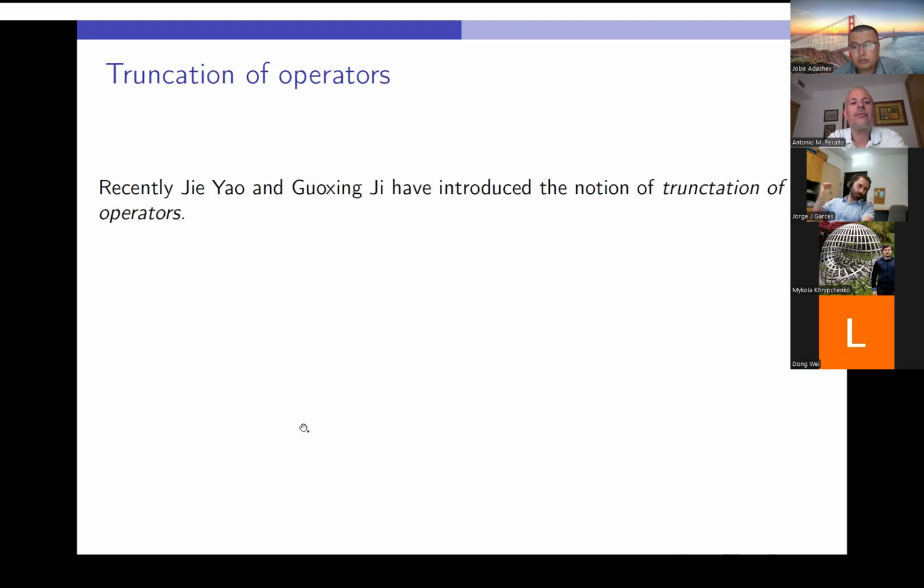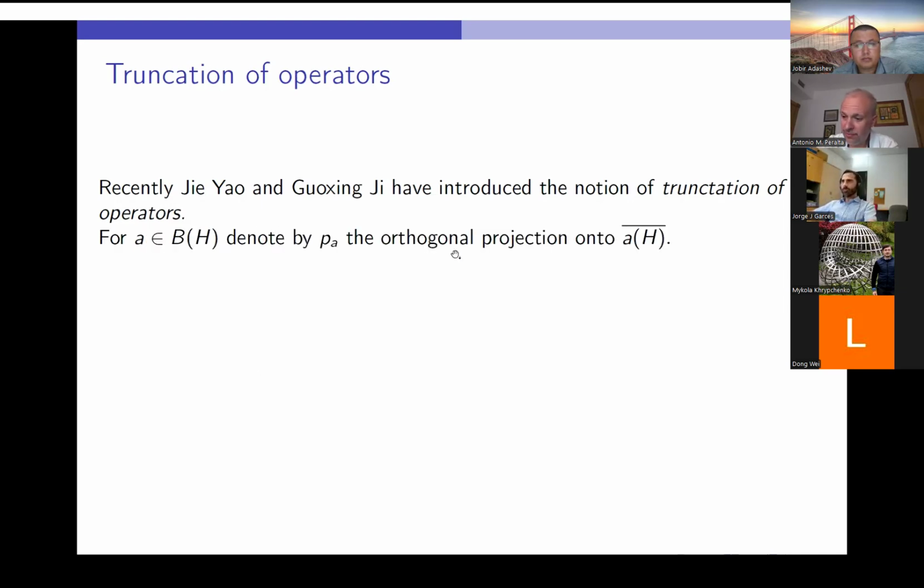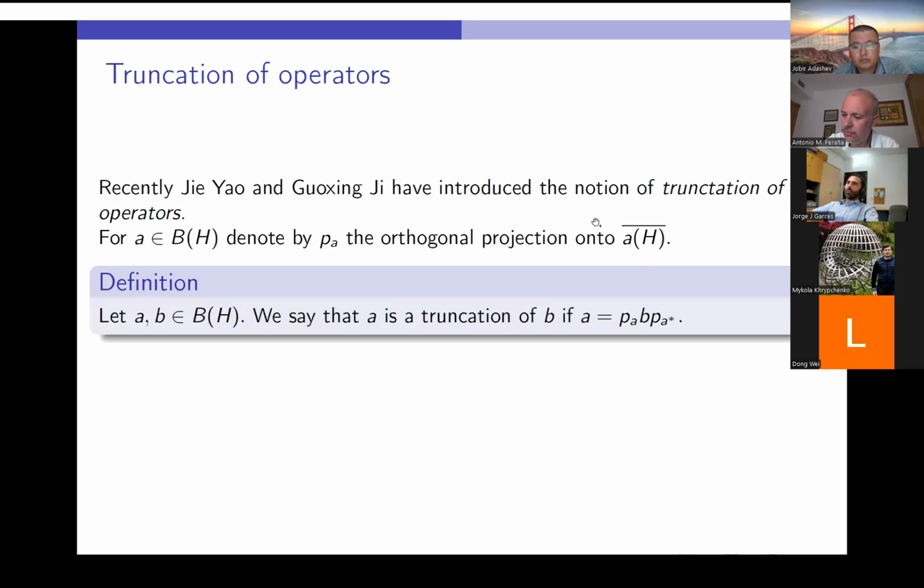But the main topic of this talk is truncation. So let me say what the truncation of operators is. This was recently introduced by two Chinese mathematicians. So if we take an operator and we take the orthogonal projection onto the closure of the image of the operator, then given two operators A and B, A is a truncation of B if A is equal to this product.